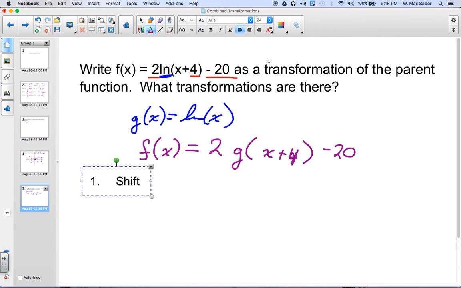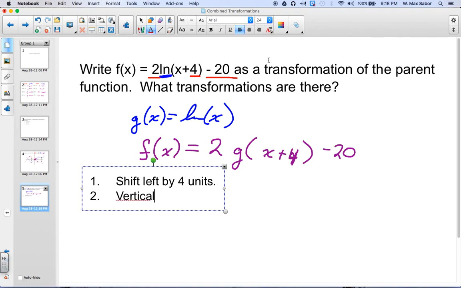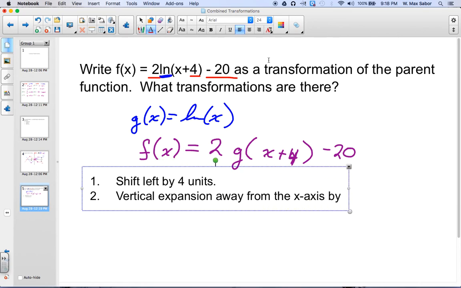That's a shift left by 4 units. Then the next thing that will happen is it will go into the natural log. And after that, we are multiplying by 2. Outside, that would be a vertical stretch, so a vertical expansion away from the x-axis by a factor of 2.